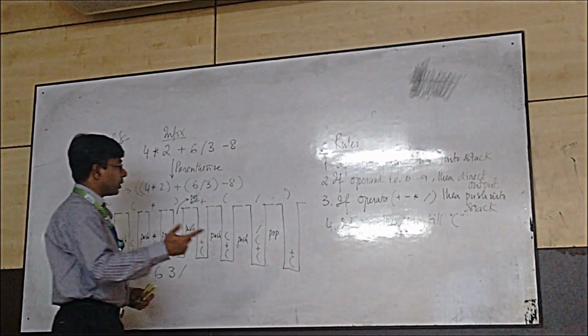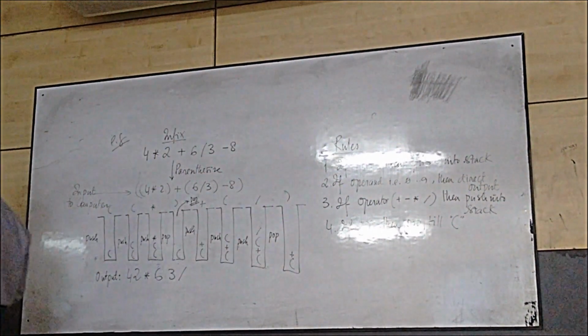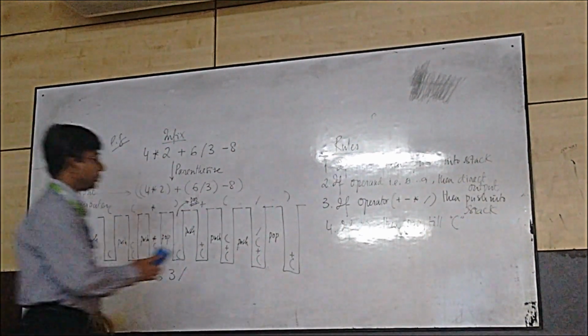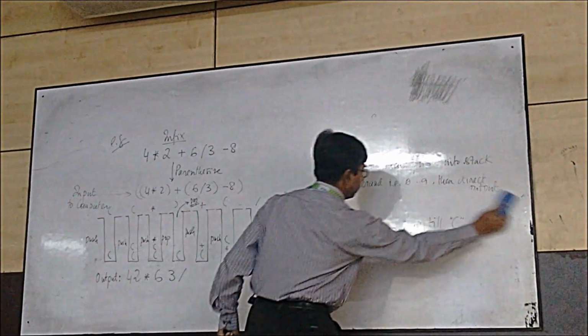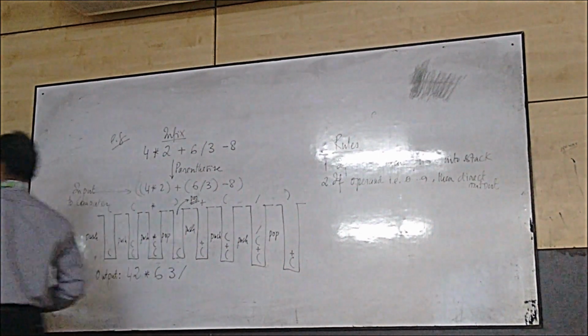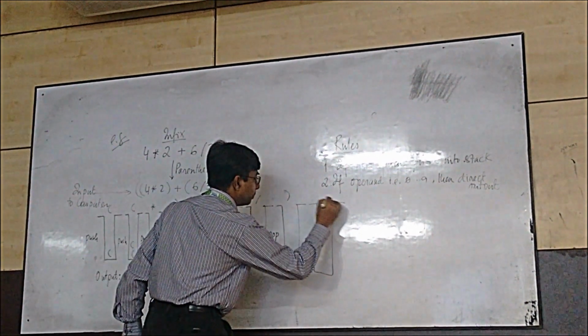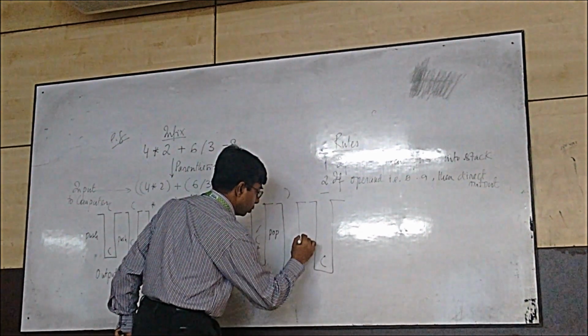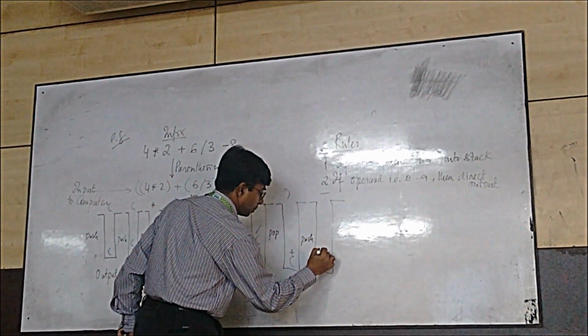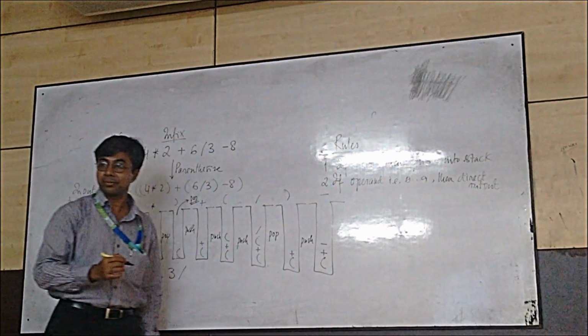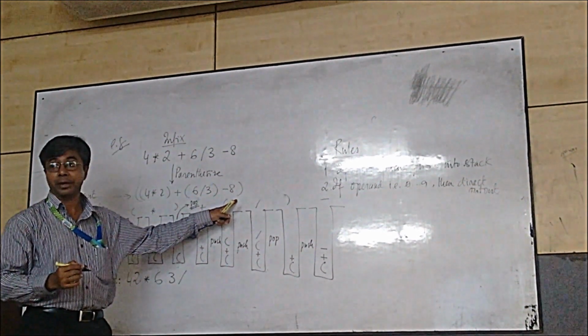And now, finally what you have is another 2, right? I've just drawn it here. The next one is minus. So you have a minus, again push, plus, minus. Then finally closing is coming.